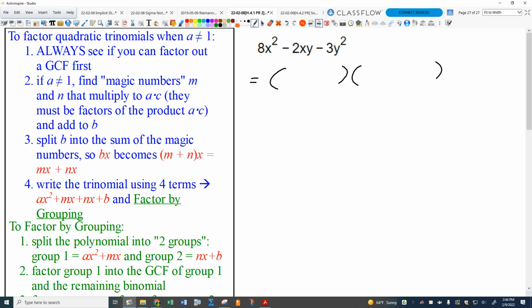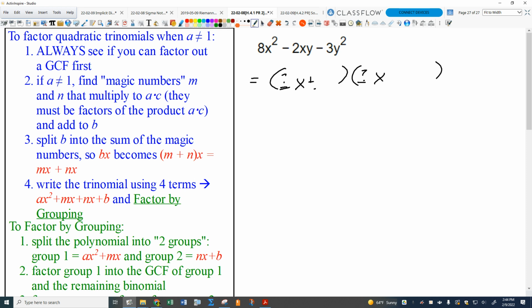What's going to have to go there? An x term, right? But because I've got an 8x squared, there's going to potentially be some number in front of both of those x's that I've got to find. I'll make it a question mark for now. What's going to go over here? It's going to be some coefficient of some number times y potentially, right?